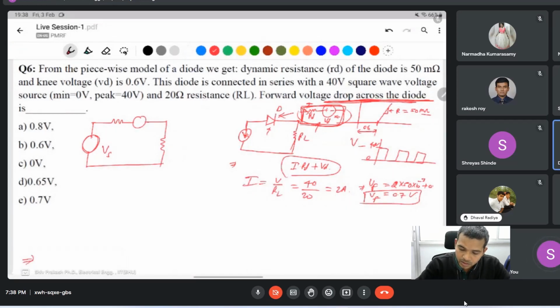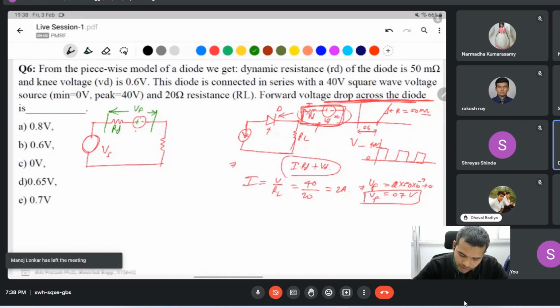Sir, to be more accurate, shall we consider the forward drop of the diode, that is 40 minus 0.6 divided by 20 plus that resistance, which will be the current, and then this current will have the drop across the diode RD, and then we have to get the total drop.